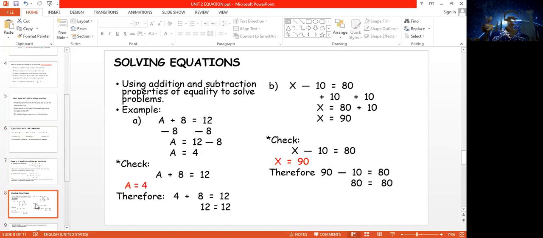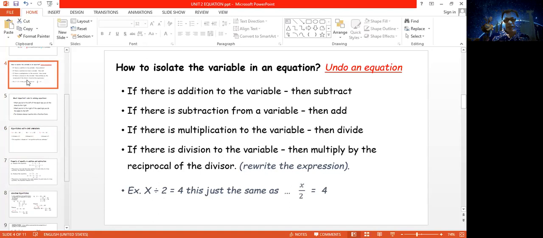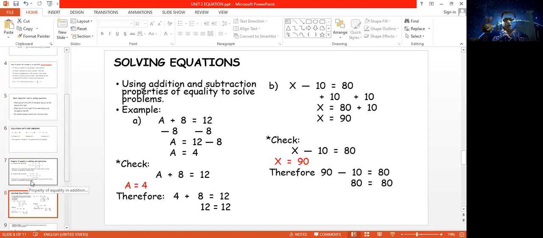When we solve an equation, we have to use the addition and subtraction properties of equality. As I stated earlier, if you have addition, you subtract. If you have subtraction, you add. Let's look at this.